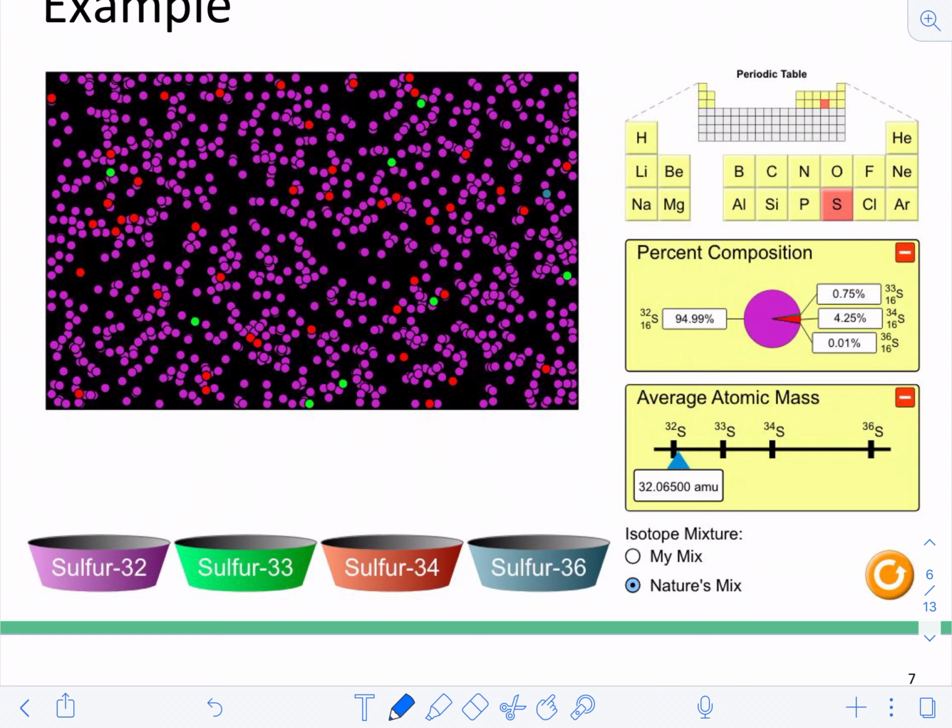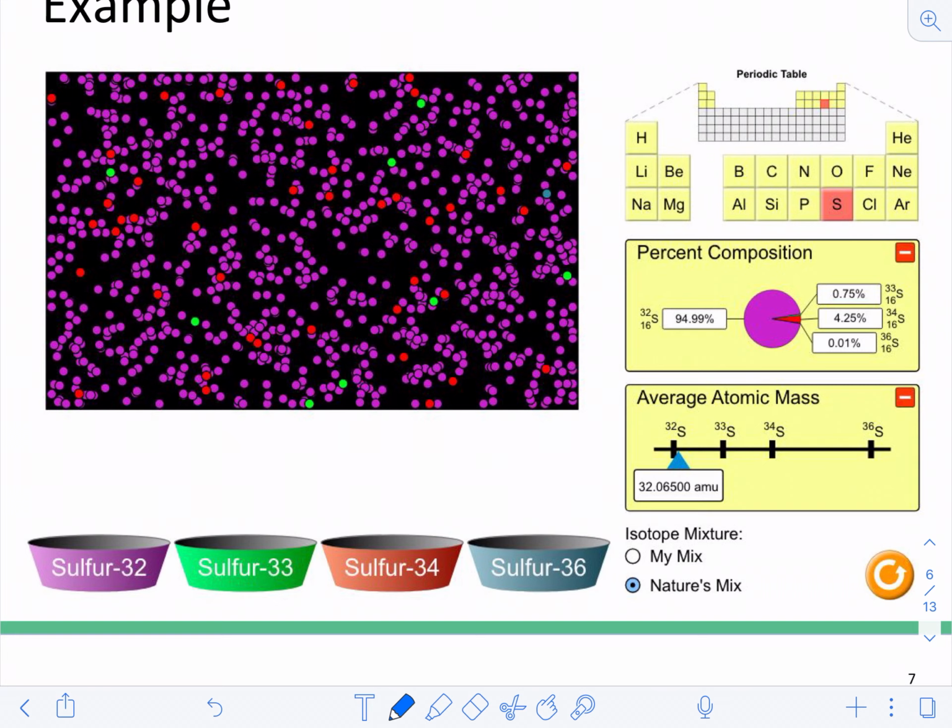But if you take a look at the sample, it just shows you all the different atoms of sulfur. Again, this is what scientists would be able to distinguish. So they'd see a sample of sulfur, and then they'd be able to figure out that there are different masses within that sample.